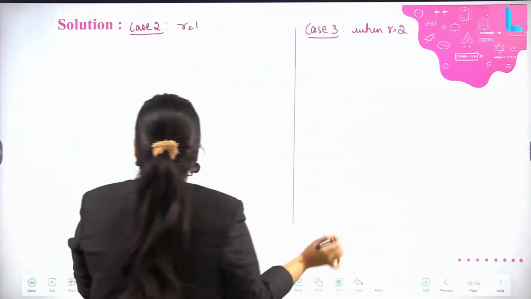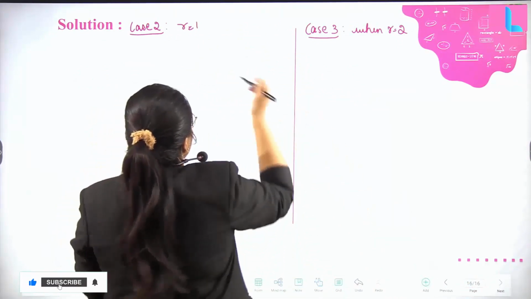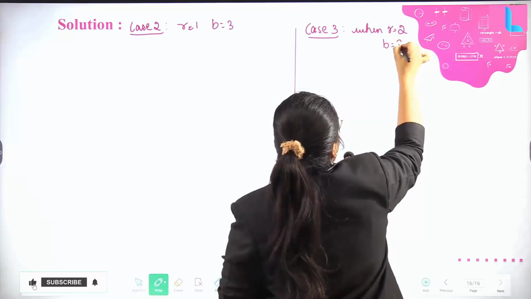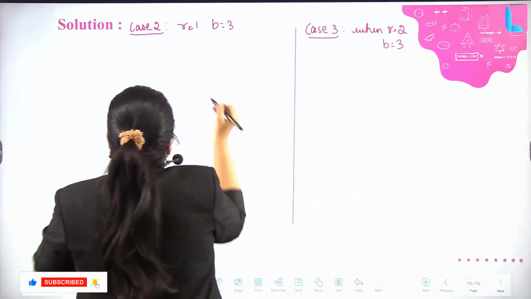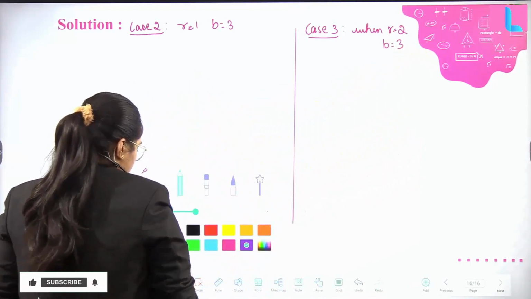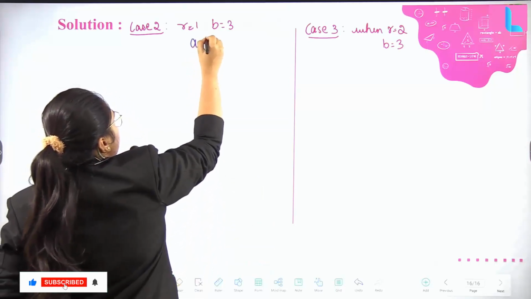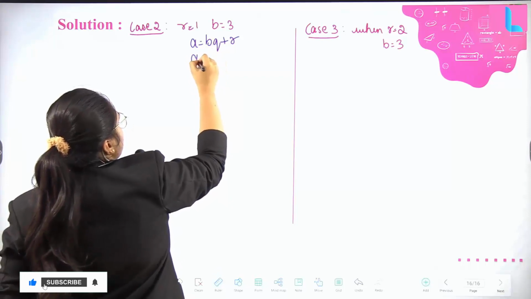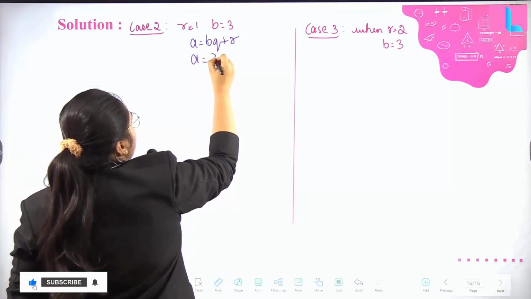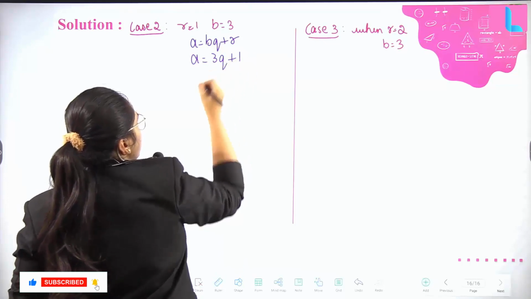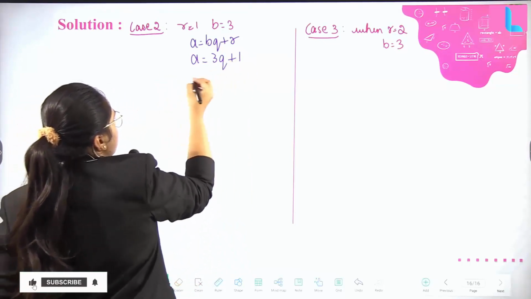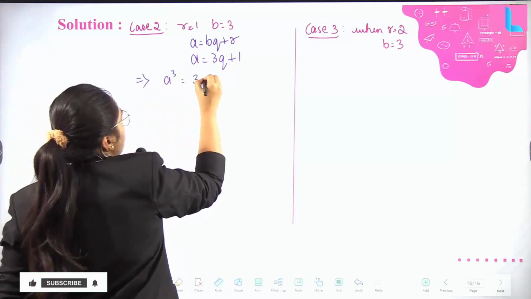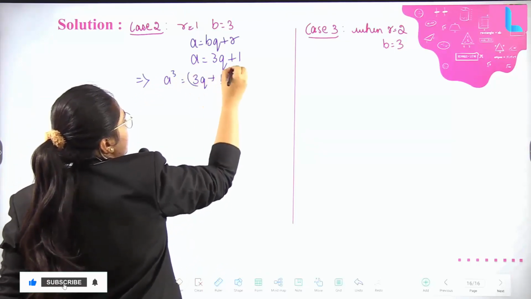So case 2, when r is equal to 1, b is equal to 3. First we'll solve case 2. a is equal to bq plus r, and then a remains as a, 3q plus 1. Then cube on both sides. So you'll get a cube is equal to 3q plus 1 the whole cube.